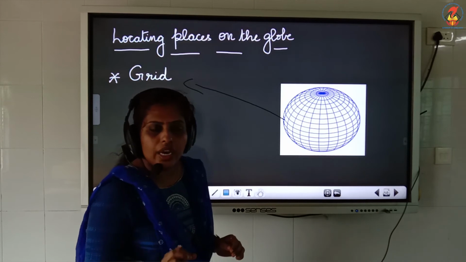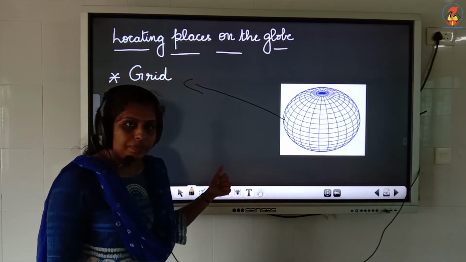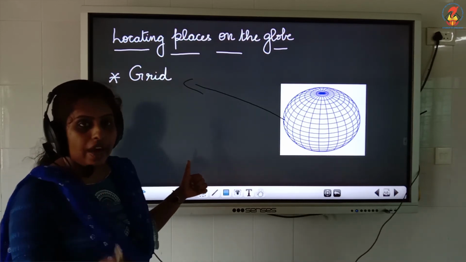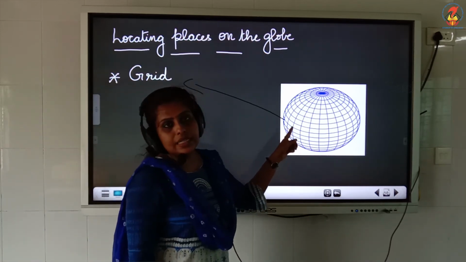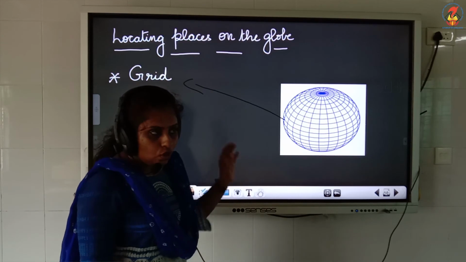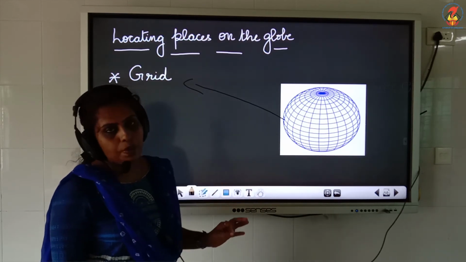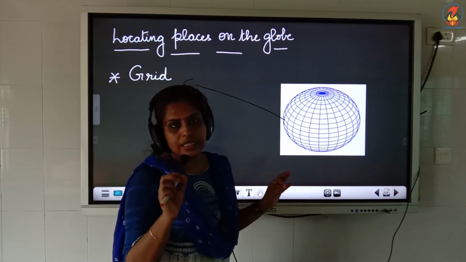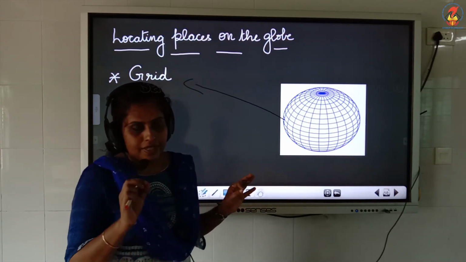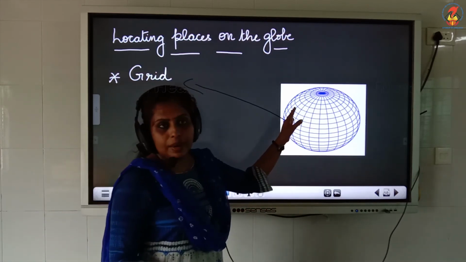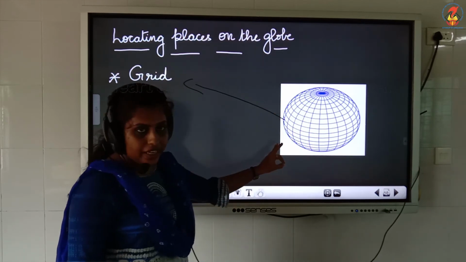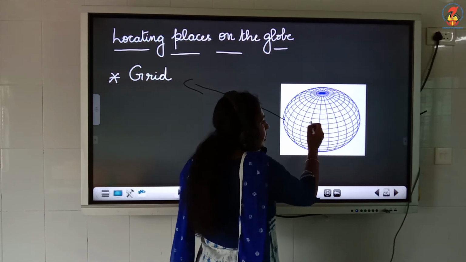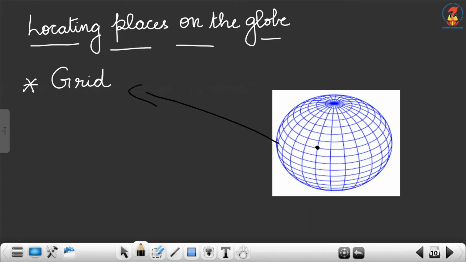How can you locate a place on a grid? We can locate a place on a grid by knowing the value of parallels and meridians. If you know the value of each parallel and each meridian, we can easily locate the place. The point at which the parallel and the meridian meet, we can locate a place there.